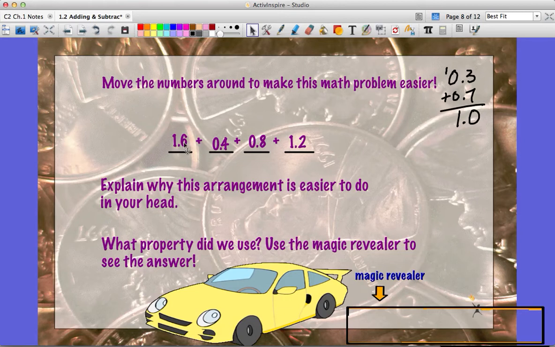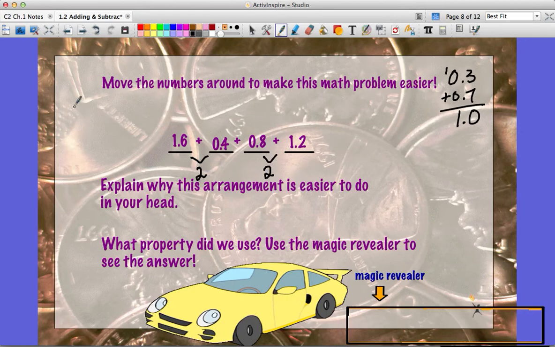If you are telling me because you take the 6 and the 4 and you get 10, so you carry the 1, so this just becomes 2. And then if you take the 8 plus the 2, you get 10, carry the 1, then this becomes 2. Now your problem becomes 2 plus 2.